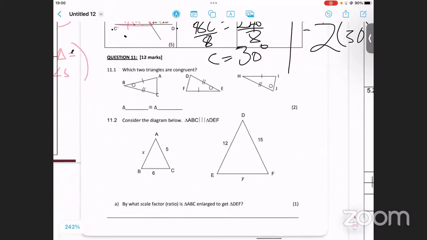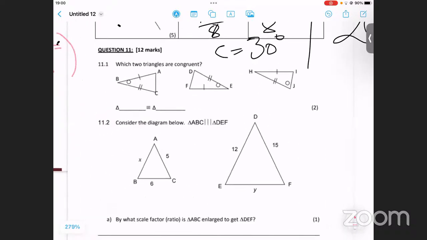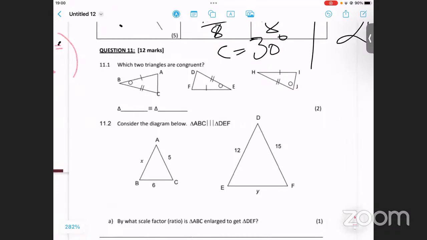Now let's try to look at these triangles, right? They ask which two triangles are congruent. Is it triangle ABC or triangle EDF, or EDF with HIJ, or ABC with HIJ?